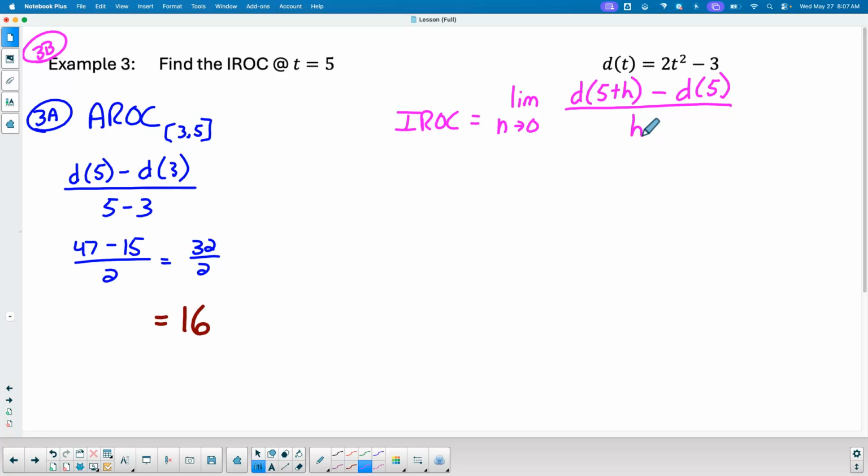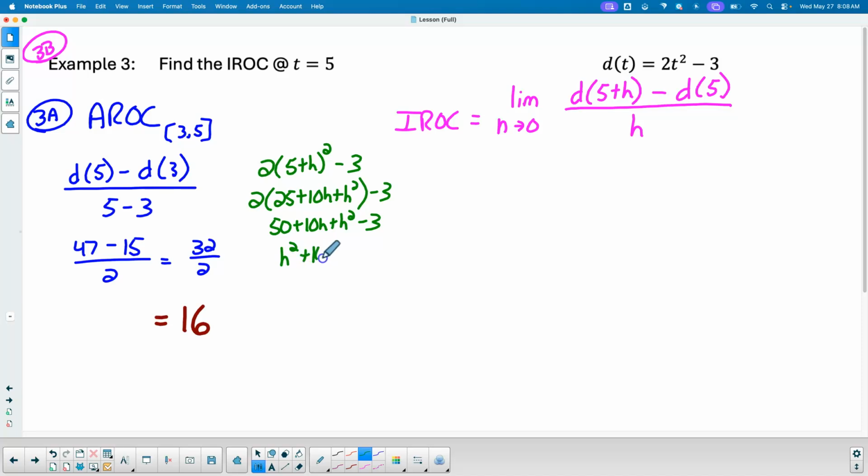Well, d of 5 plus h. Let's go a little side action here. That's going to be 2 times 5 plus h quantity squared, then minus 3. So that's going to be 2 times 25 plus 10h plus h squared, still minus 3. So then that's going to be 50 plus 10h plus h squared minus 3, h squared plus 10h plus 47.